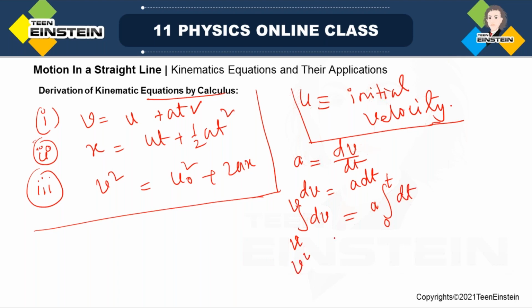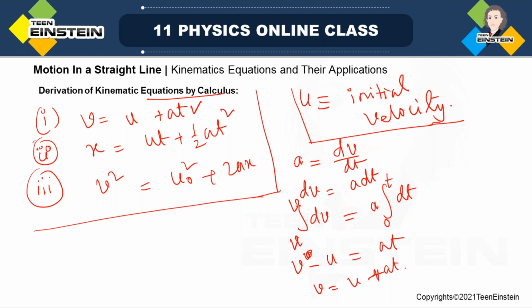So we will get v minus u is equal to a into t, and finally v is equal to u plus at.